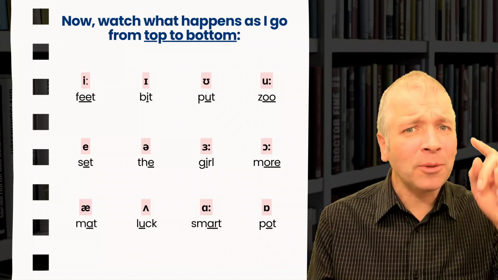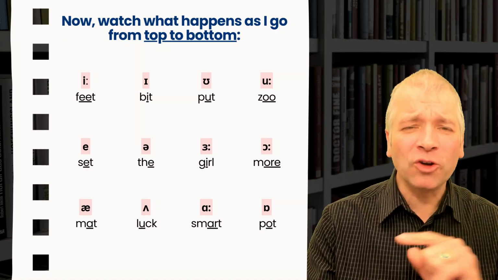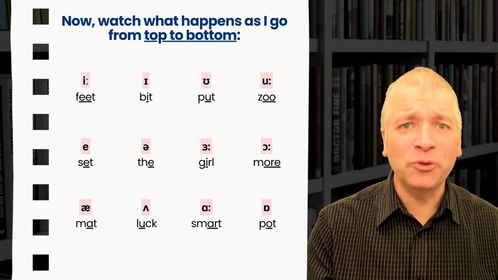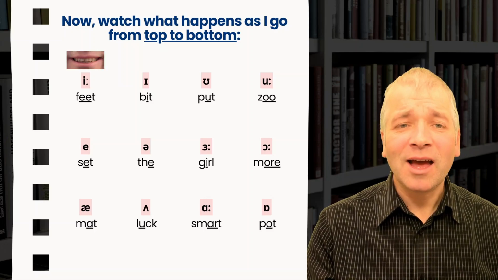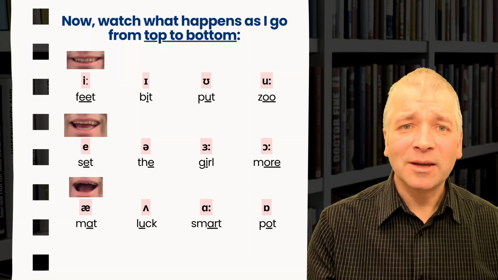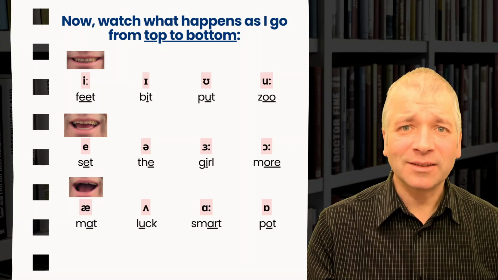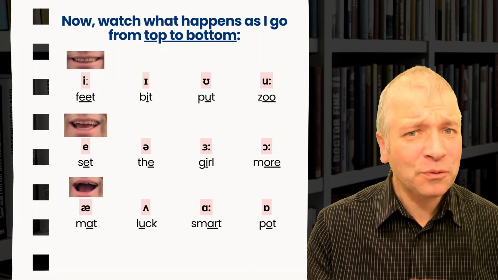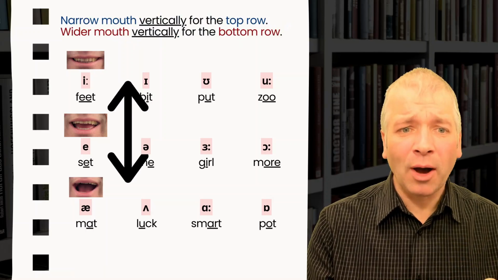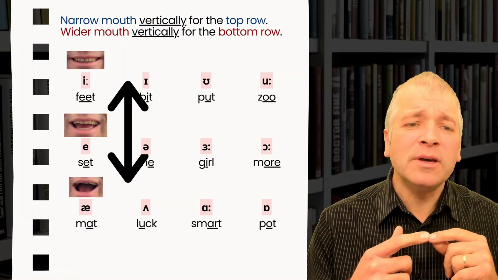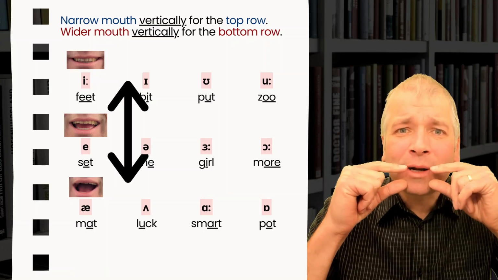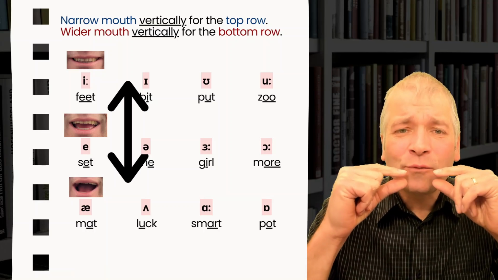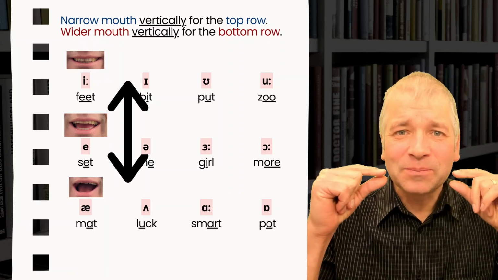But what about from top to bottom? Now watch what happens as I go from top to bottom. Feet, set, mat. Did you notice what happened this time? Well, this time my mouth started narrower in a vertical way. So my lips were closer together for the top row, feet.